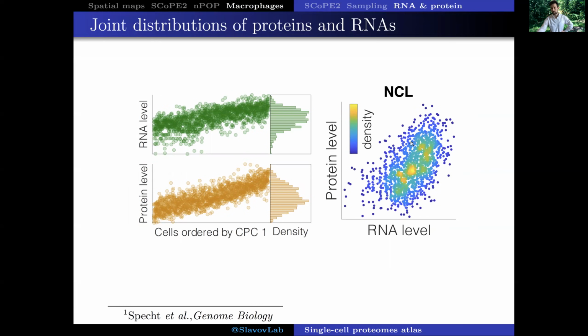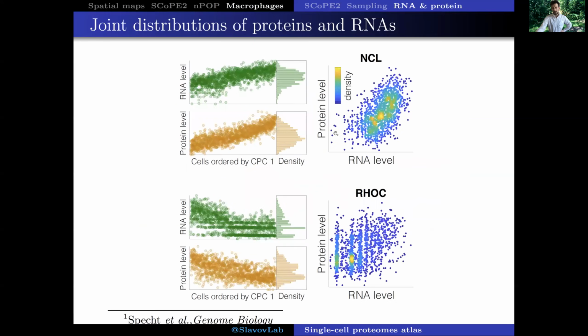And here is an example of a gene, NCL, which is relatively highly abundant and changes in the same way at the RNA and at the protein level. Then another gene, RHOC, again in group 1, shows similar behavior at the protein and the RNA level, but it's less abundant, and you can begin to see the discreteness of detecting 1, 2, 3 RNAs per cell, which is not reflected in the more continuous protein measurement, reflecting the ability to capture more copies.